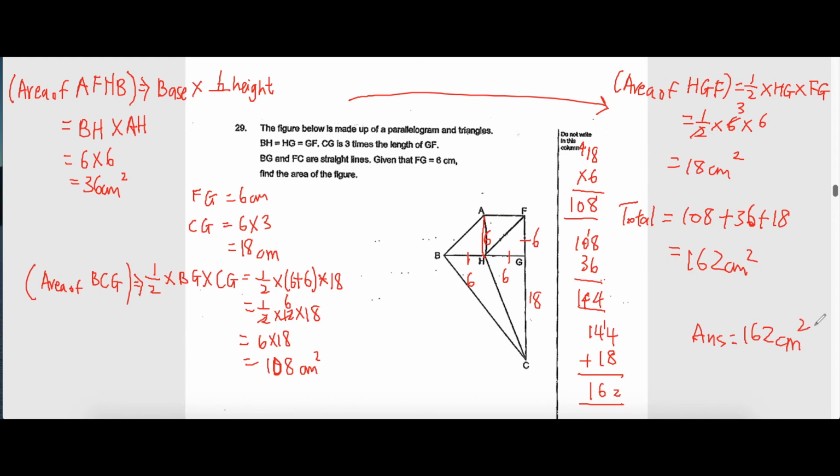Okay, so the thing to know about this question is area of parallelogram. A lot of you might not be familiar with it or might have forgotten it because it doesn't really come out in questions. We do mostly area of squares, rectangles, triangles most of the time. So you gotta remember it's base times perpendicular height.